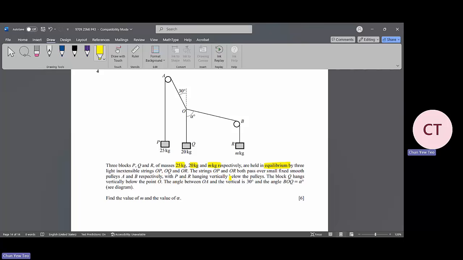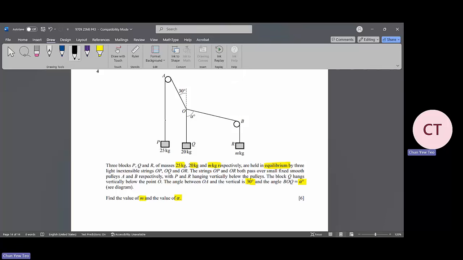Strings OP and OR pass over small fixed smooth pulleys A and B respectively, with P and R hanging vertically below the pulleys. Block Q hangs vertically below the point O. The angle between OA and the vertical is 30 degrees, and the angle BOQ is alpha degrees. See the diagram. Find the values of m and alpha.